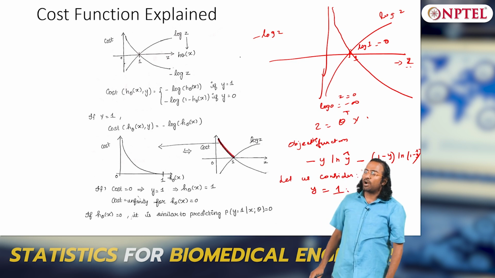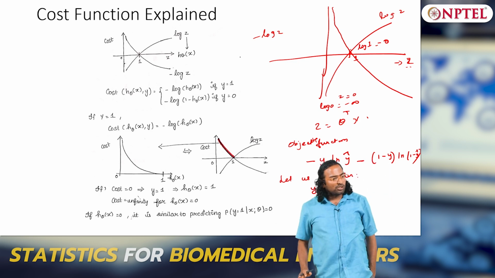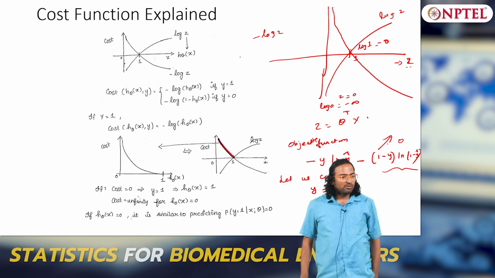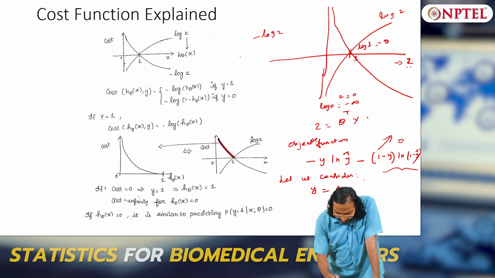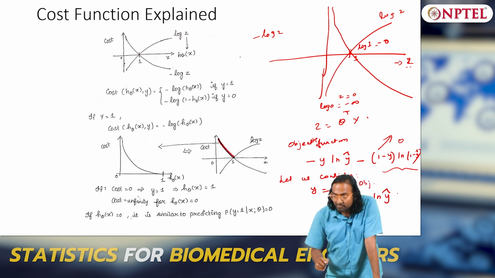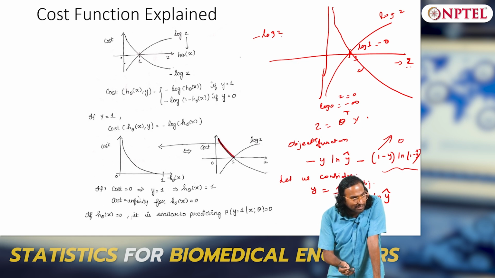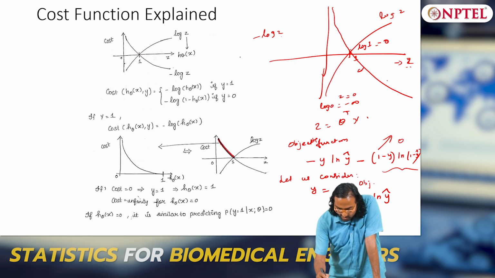When y equals 1, the second part goes to 0, right. So the objective function is minus ln y hat. Minus ln y hat is nothing but the z I plotted, where y hat is 1 by 1 plus e power minus theta transpose x. So this is my objective function when y equals 1, clear.